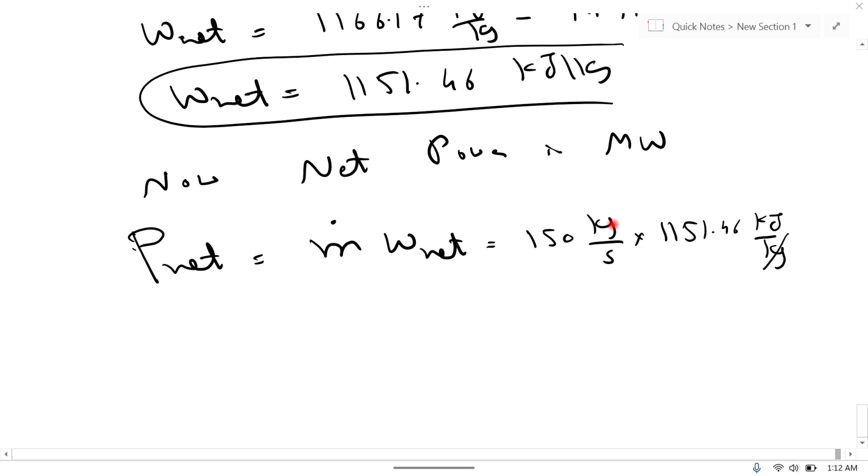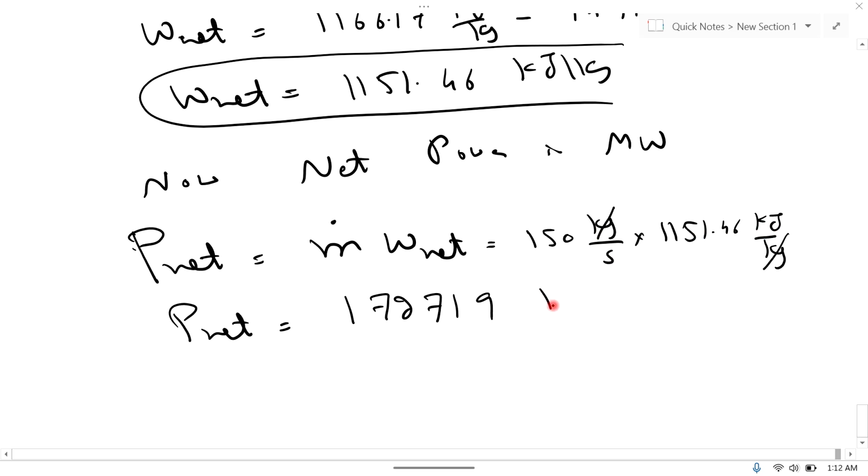So this kilogram will be cancelled with this kilogram. So net power is equal to 150 multiplied by 1151.46, which is equal to 172,719 kilowatt.